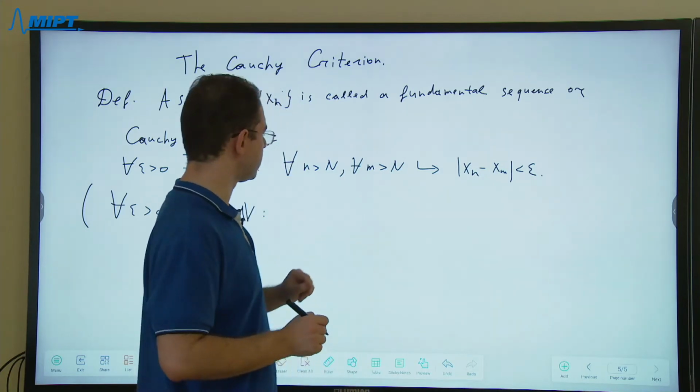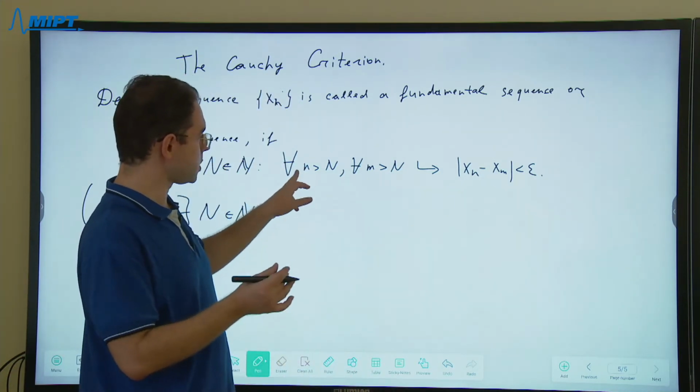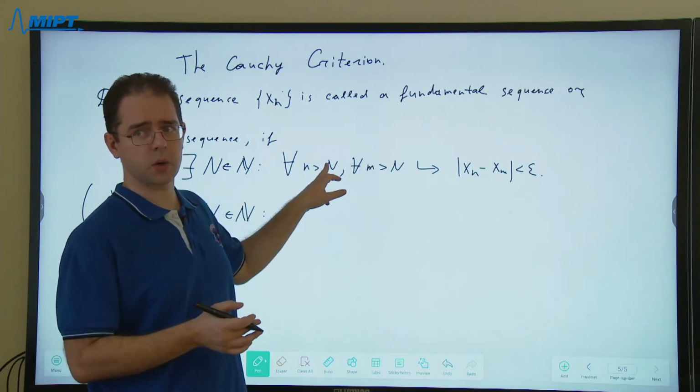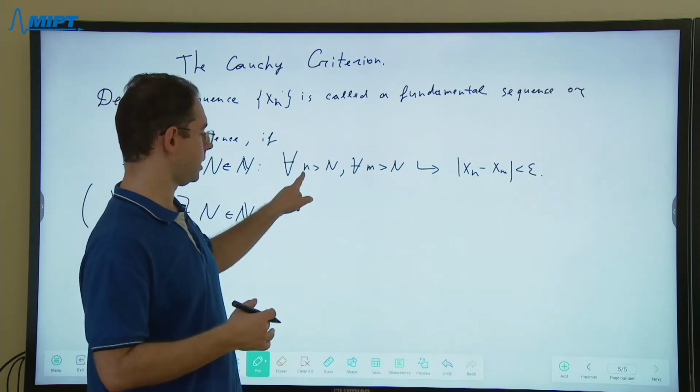So this is not an interesting part. If otherwise one of those numbers is greater than the other, let's call the smaller of those numbers n.